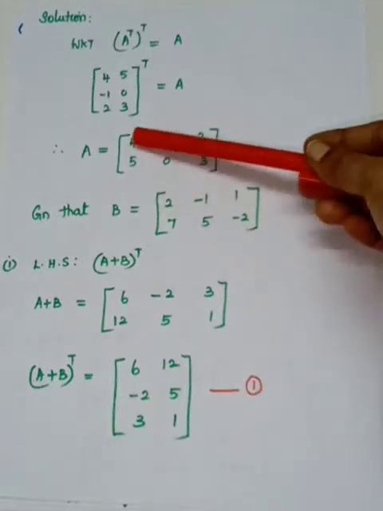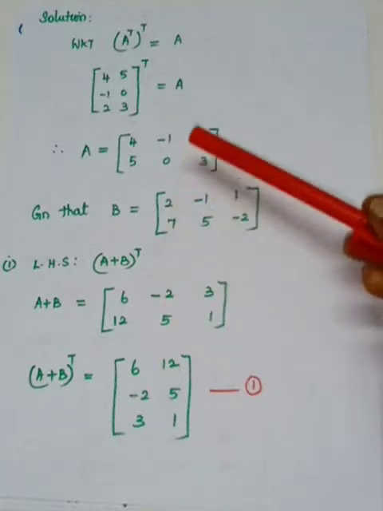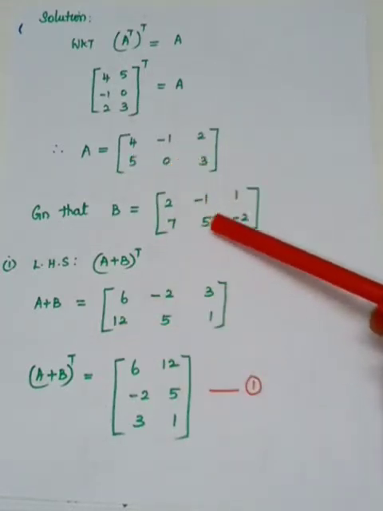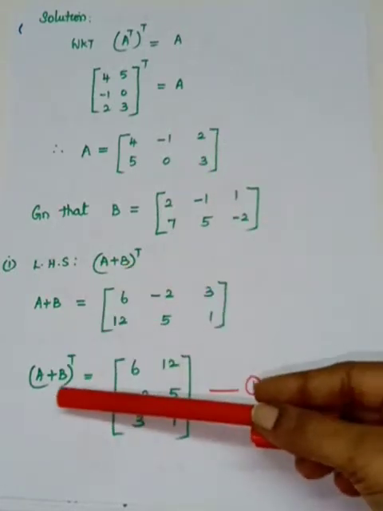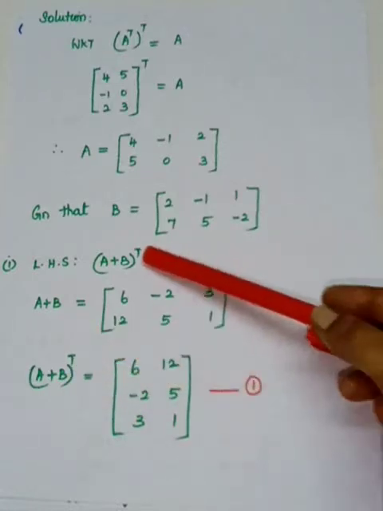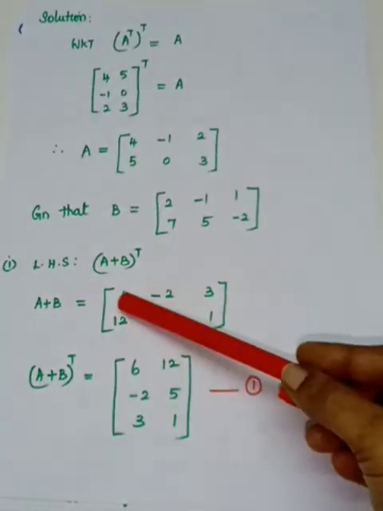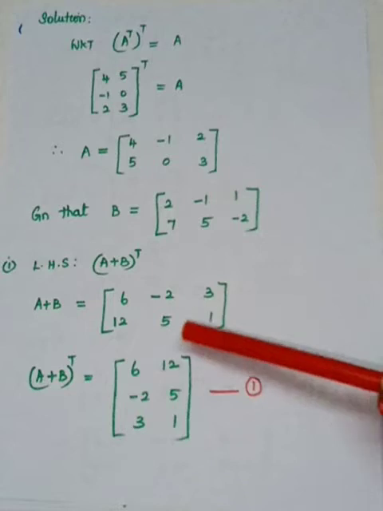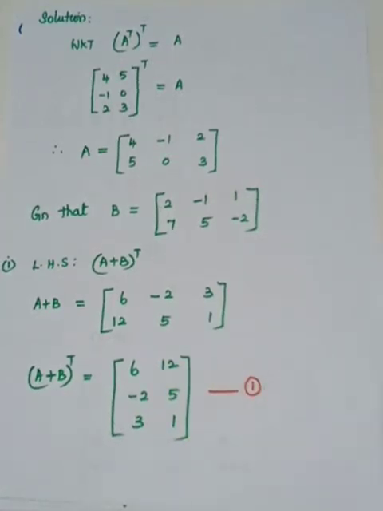So see that 4 plus 2 is 6, minus 1 is minus 2, 2 plus 1 is 3, 5 plus 7 is 12, 0 plus 5 is 5, 3 minus 2 is 1. So next, what you have to find? A plus B the whole transpose. Here you have to interchange rows and columns of A plus B. Take the first row and write it as the first column. Take the second row and write it as the second column. So this is your A plus B the whole transpose. Next, on the right hand side, what do we have to verify?